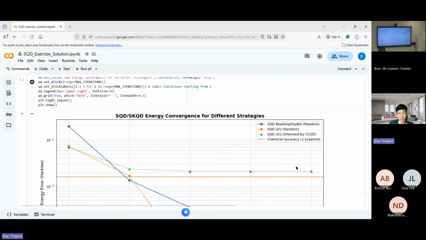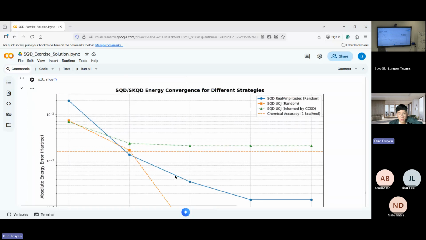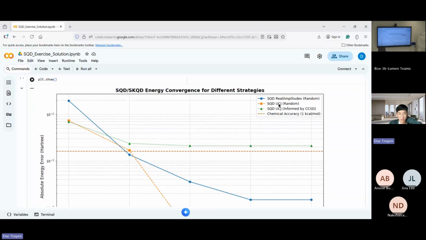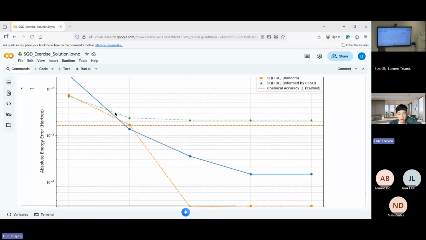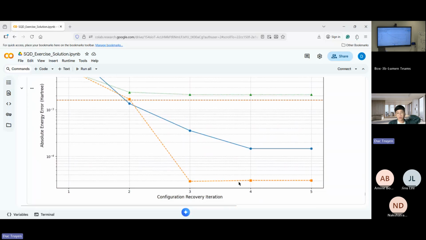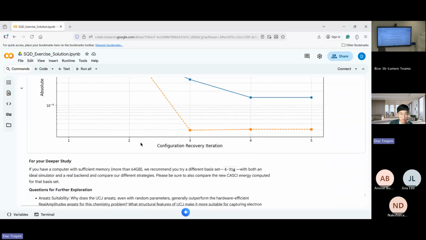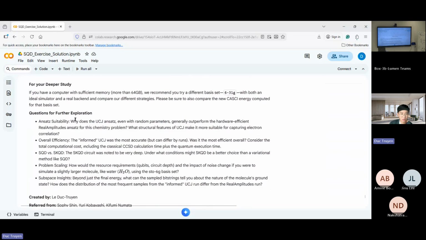Okay, to summarize the results, you will see the real hardware in the blue line, and the unitary cluster is shown in the orange line, and it shows better performance if you utilize the dynamic information from the problem. For deeper study, there is also another method, the sample-based SKQD.